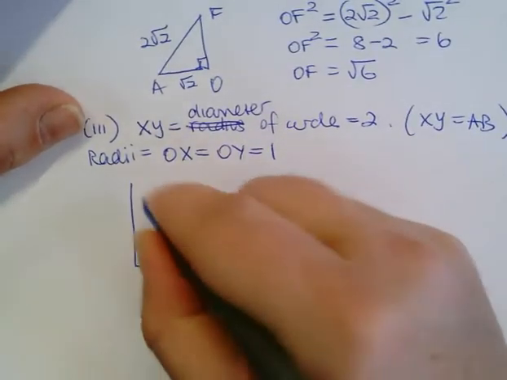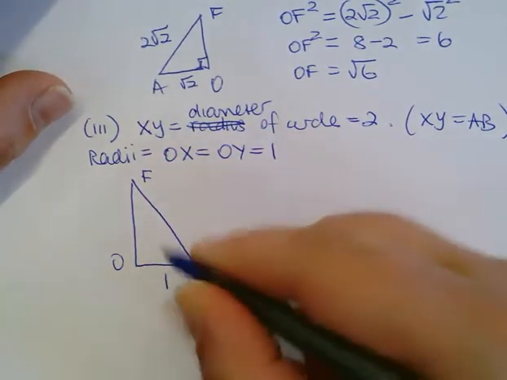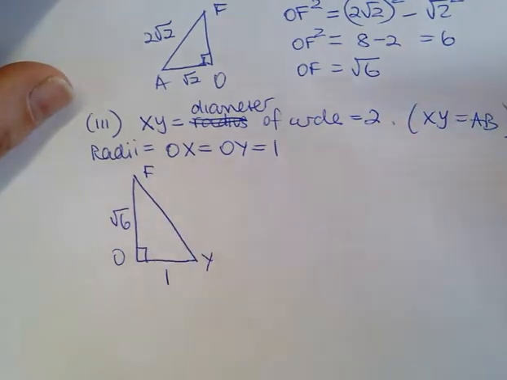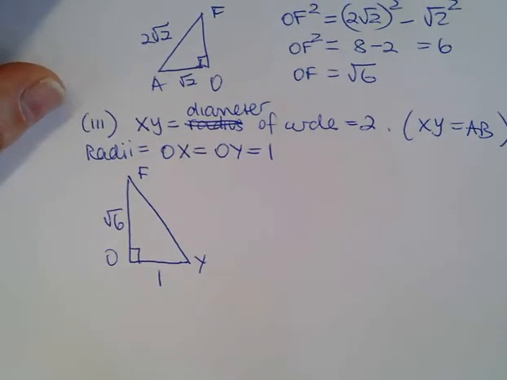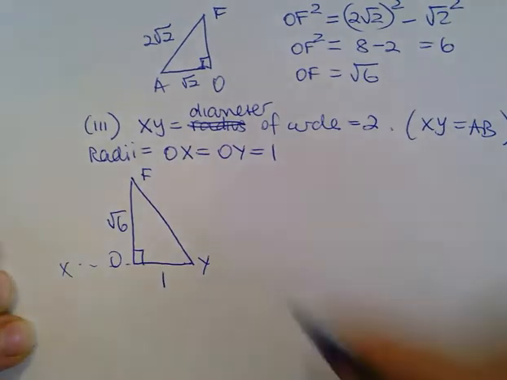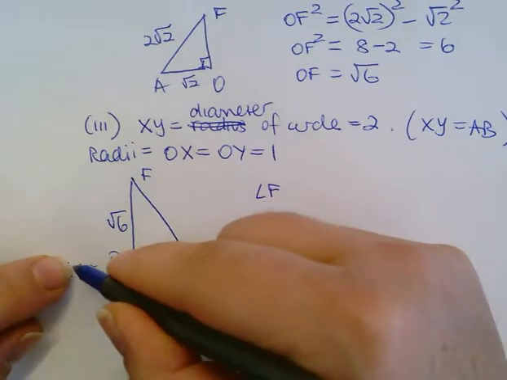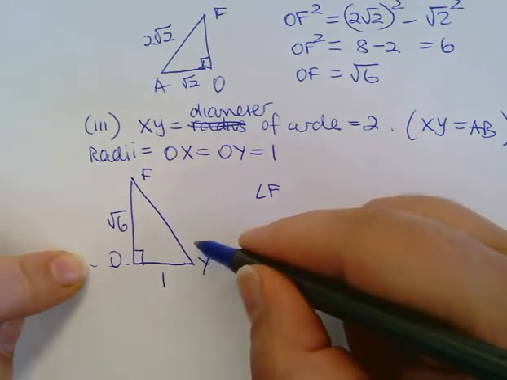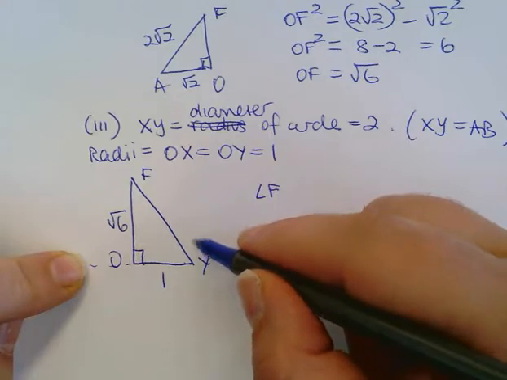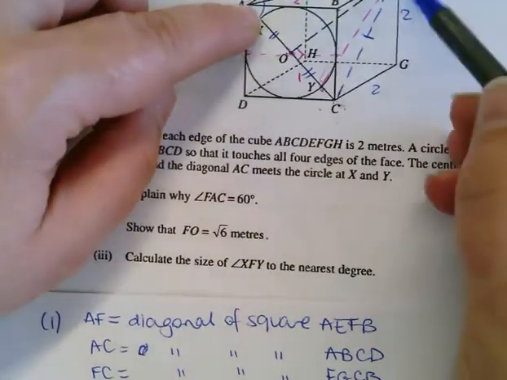So we've got our right angle triangle here, OFY. That's 1. We know OF is root 6 from part 2. And we know that X is sitting along here somewhere. So they want angle XFY.